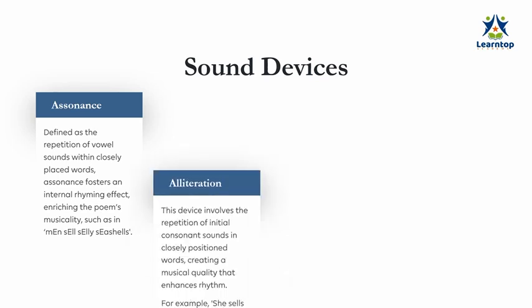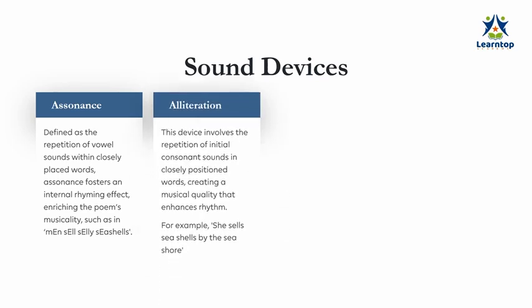For the second one, alliteration, this device involves the repetition of initial consonants, which are positioned again close to each other, and the use of this is to create a musical quality which enhances the rhythm. For example, she sells seashells by the seashore.